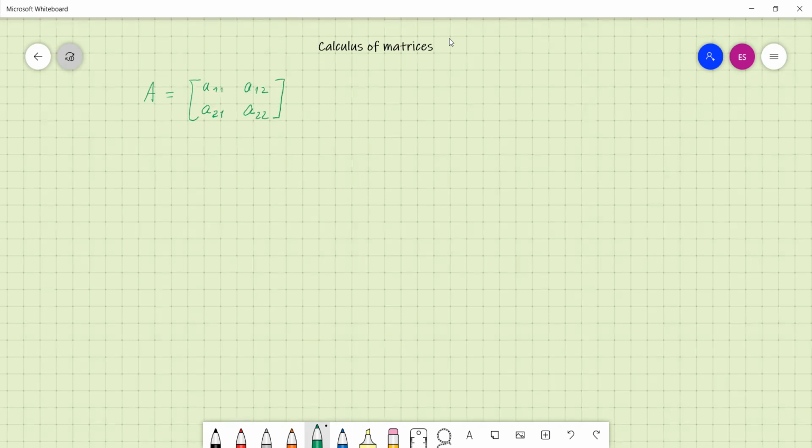Imagine that every coefficient of this matrix is actually a function which depends on variable t. So it's not just a coefficient, but a function that depends on variable t. Then the whole matrix A is going to depend on variable t. And that's not a matrix anymore, but it's going to be a matrix function.